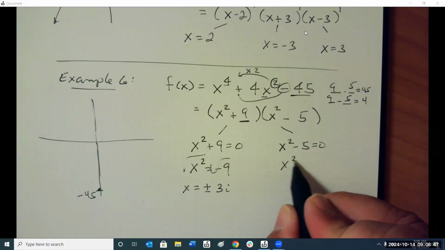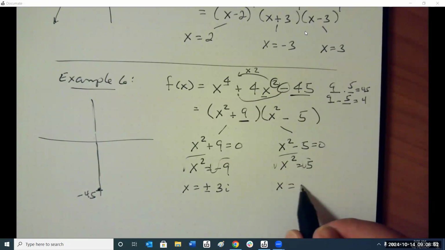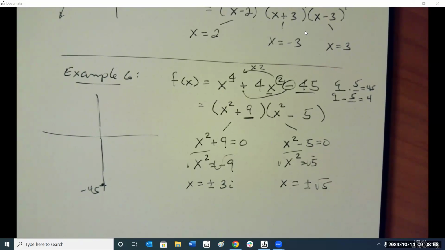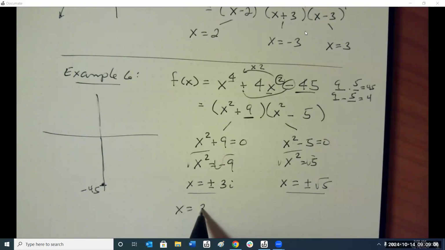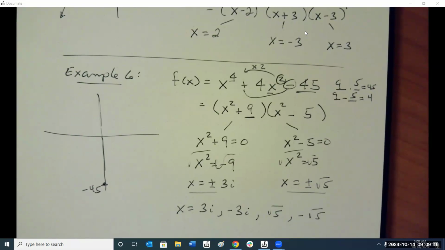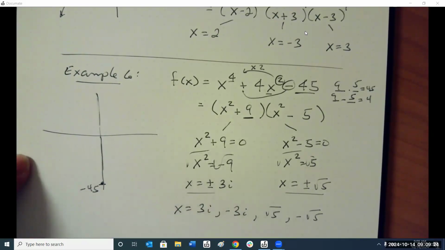And then x squared equals 5. Square root both sides: x equals plus or minus the square root of 5. So these are our 4 solutions: x equals positive 3i, negative 3i, positive radical 5, negative radical 5. 3i and negative 3i are imaginary terms, so they don't cross the x-axis.